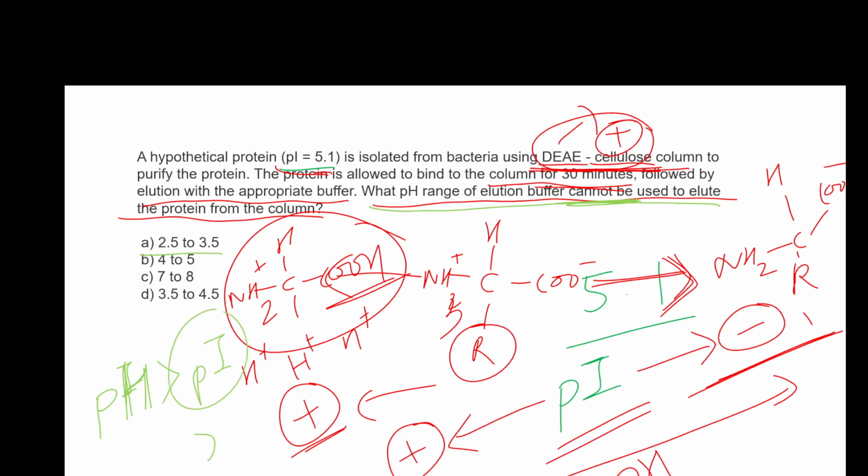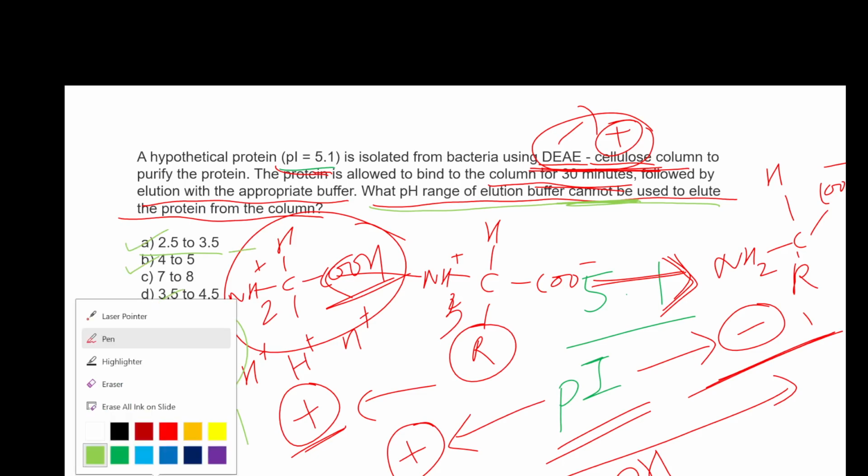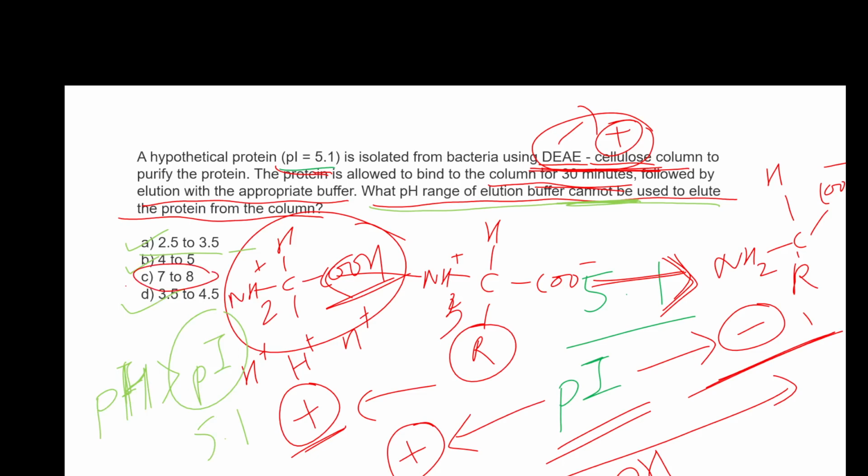The pI is 5.1, and anything above 5.1 is not suitable for elution. So 2.5 to 3.5 can be used, 4 to 5 can also be used, 3.2 to 4.5 can also be used, but 7 to 8 cannot be used. At pH 7 to 8, the protein remains negatively charged, so it will remain associated with the matrix, and in that condition the protein cannot be eluted from the column. Okay, have you understood my point, or do I need to explain again?